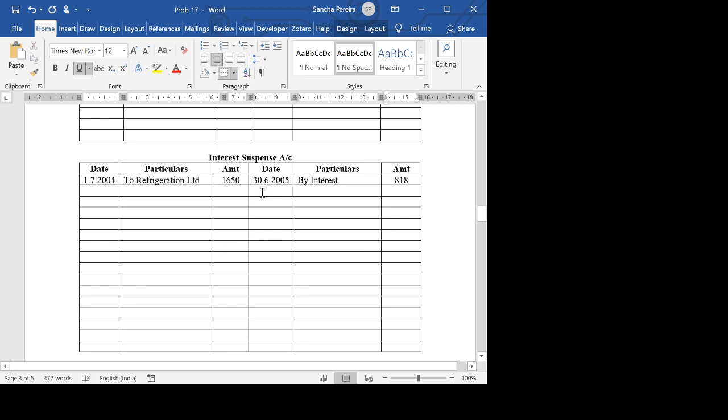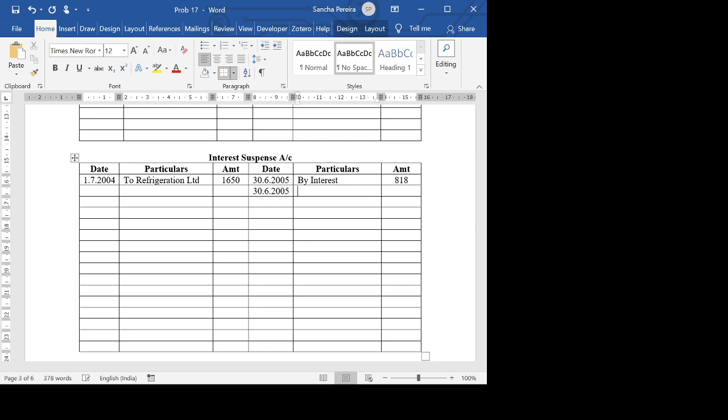So on the same date, like the other accounts, by balance carried down. 1650 minus 818 is 832.